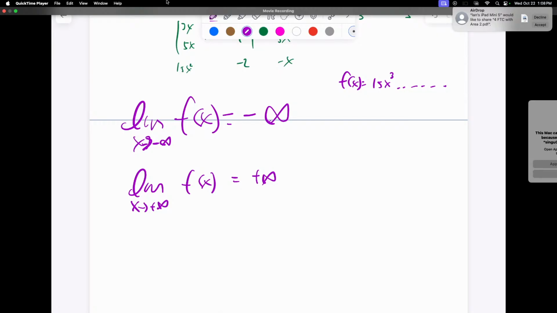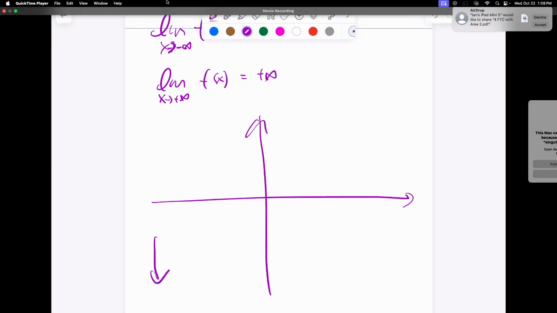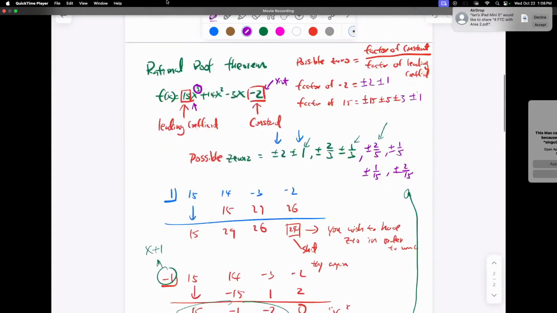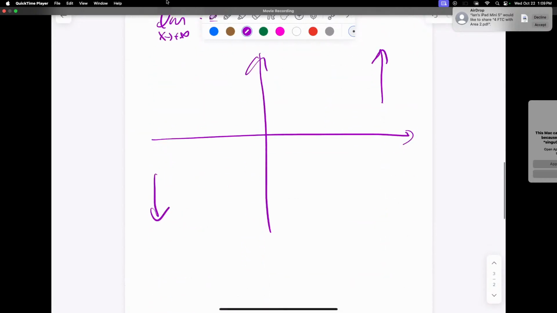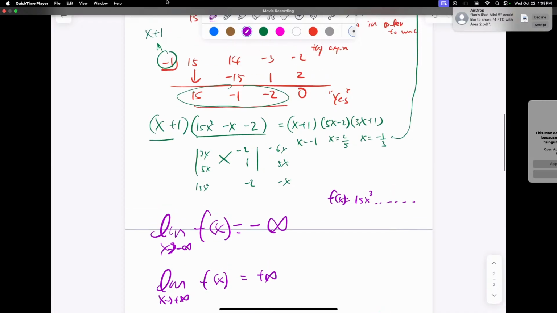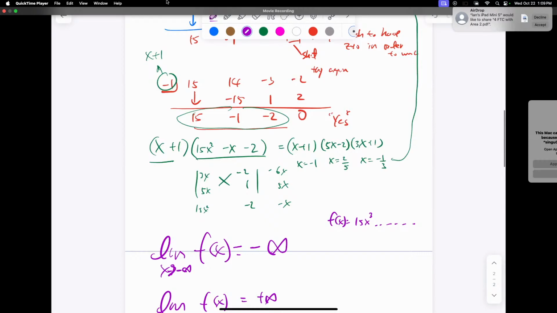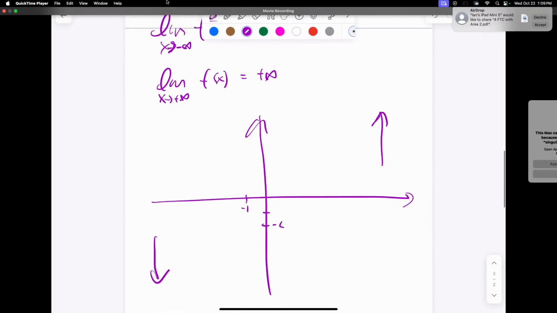Okay, so now we got this. We know when we graph it, on this side it's going to go down, on this side it's going to go up. Is that okay? And we also know the y-intercept is at where? -2. So 0, -2. We know the x-intercepts are at what? -1, and 2/5, so it's probably here.